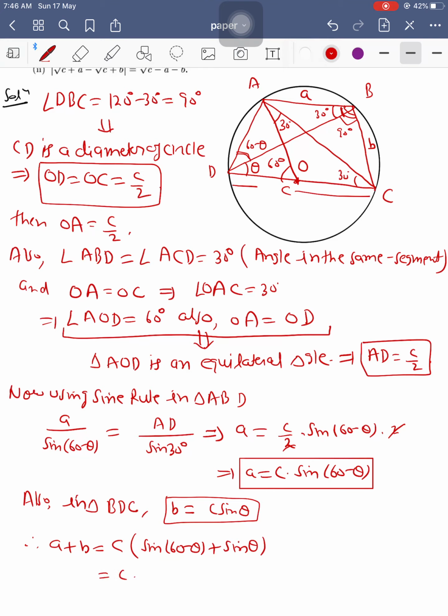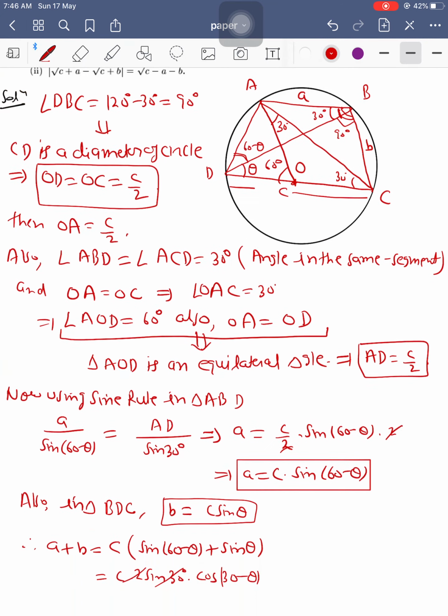And the formula of sine C plus sine D is what? 2 sine C plus D by 2 into cos C minus D by 2. Sine 30 and 2 cancel out. Therefore, A plus B equals to C times cos of 30 minus theta.